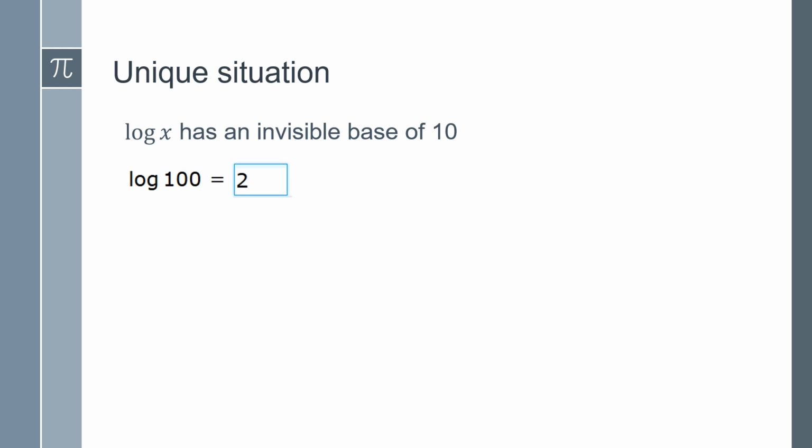Alright, so here's a unique situation I want you to take note of. This is very important about logarithms. Logs have an invisible base of 10. So when you see log by itself, like log x, and you see no base underneath, that means that you have a base of 10.